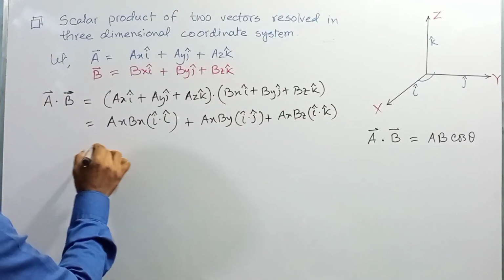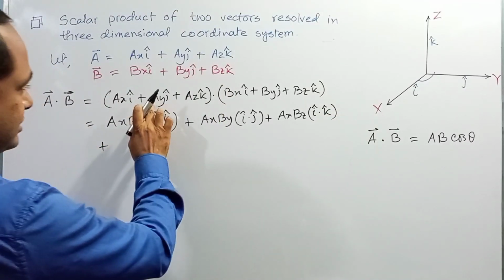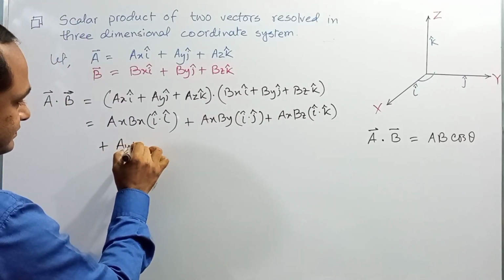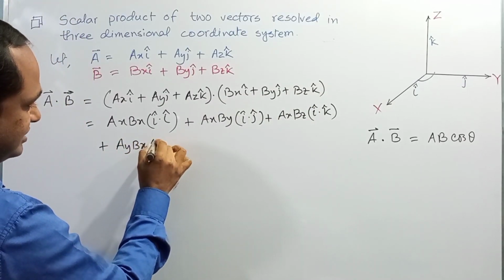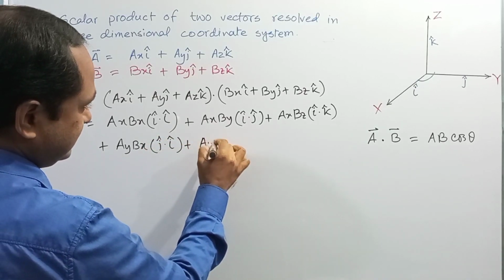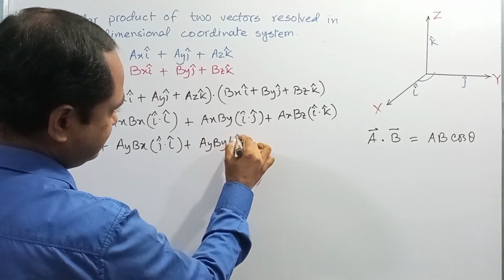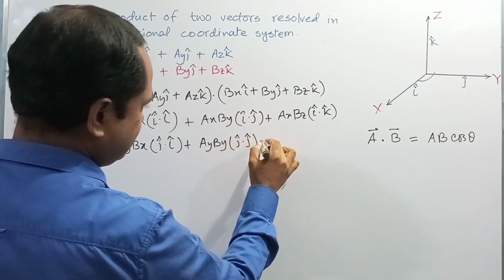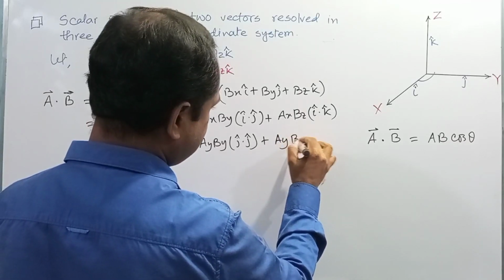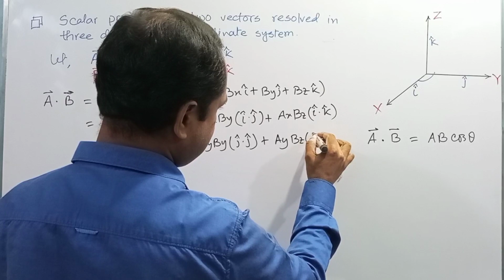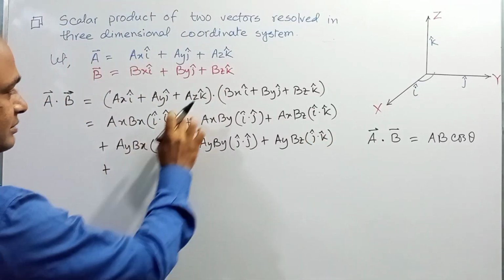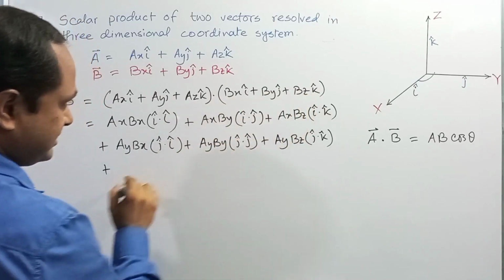Similarly, now we are going to get the product of ay with these three terms. So ay bx, that is j dot i, plus ay by j dot j plus ay bz j dot k.